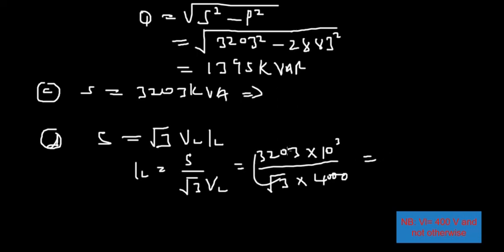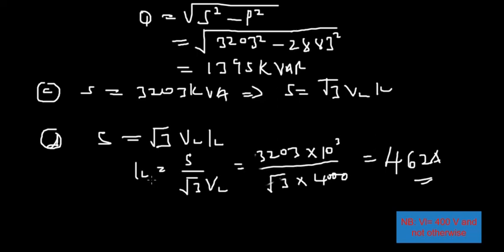So when you compute the whole of this, you will end up with a motor line current of 462 amps. From here you can just verify this value. We have S equal to root of 3 VL IL.